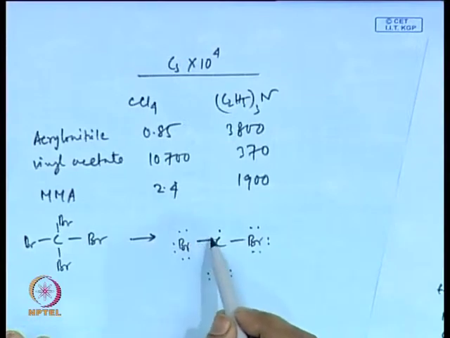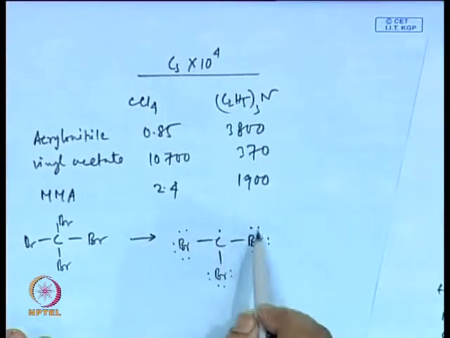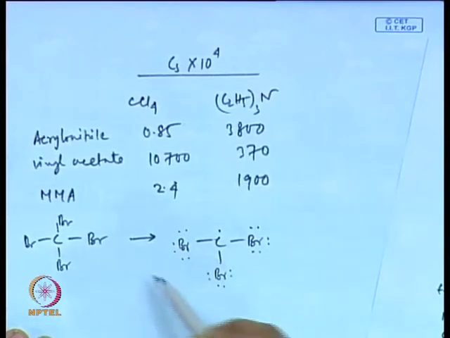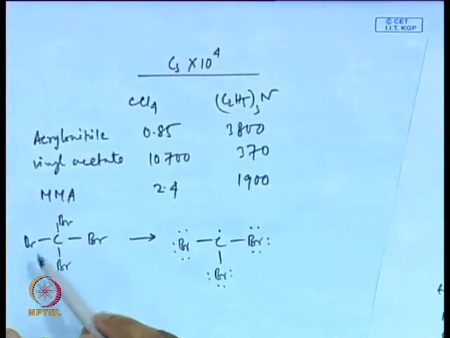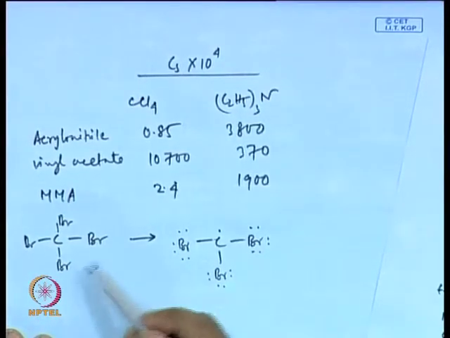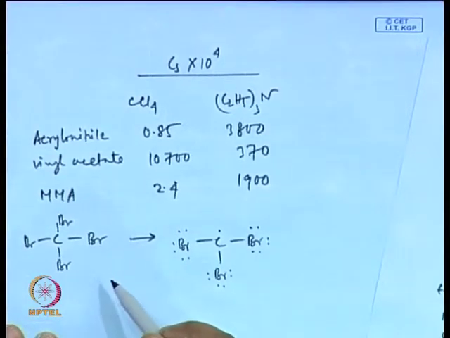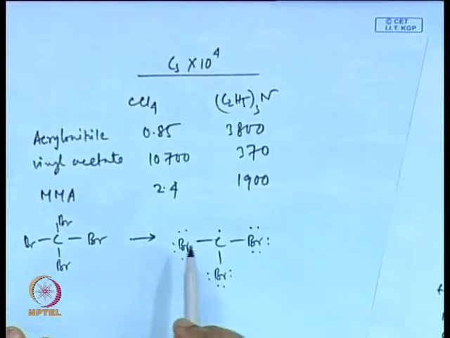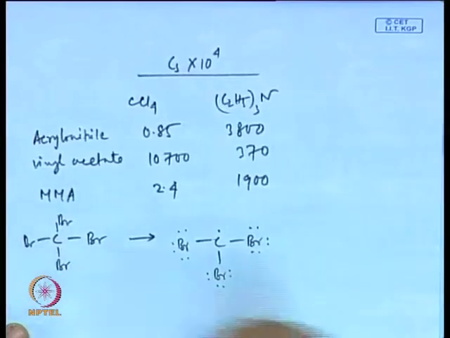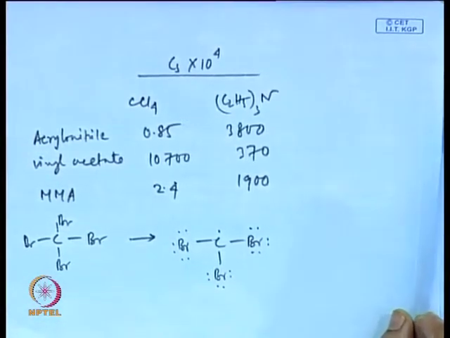Now, this can be easily stabilized by all these bromine atoms which can participate in the resonance structure. So, that is the reason that solvents like carbon tetrachloride and especially carbon tetrabromide participate in chain transfer reaction to a very high extent. So, always avoid this type of solvent or any halogenated solvent, because halogenated solvents can be easily abstracted. Always try to avoid halogenated solvents, especially carbon tetrafluoride and carbon tetrachloride type solvents.